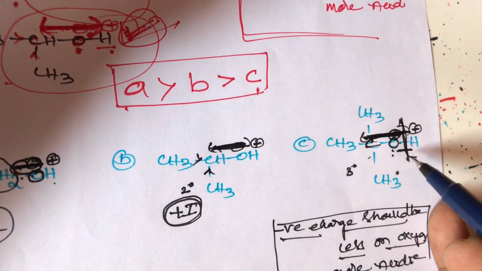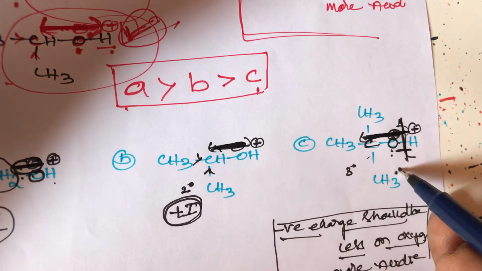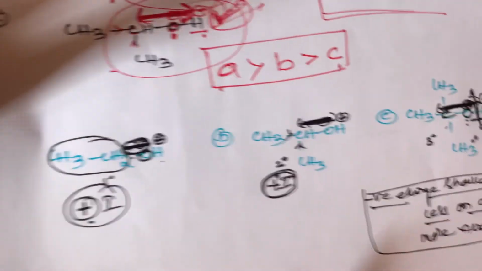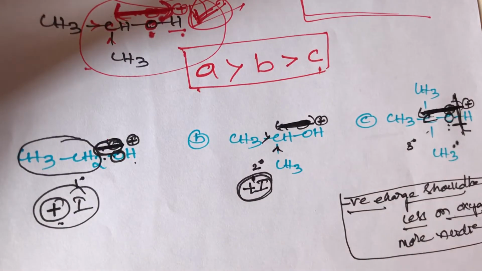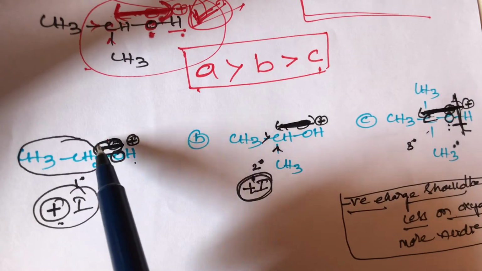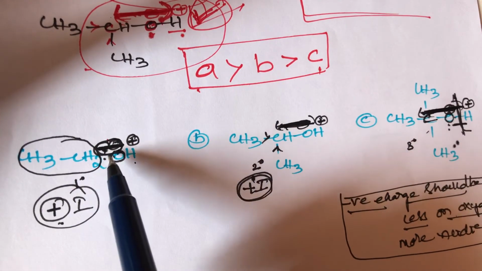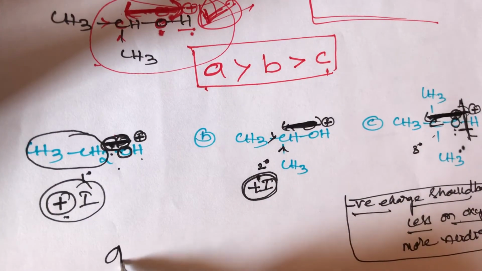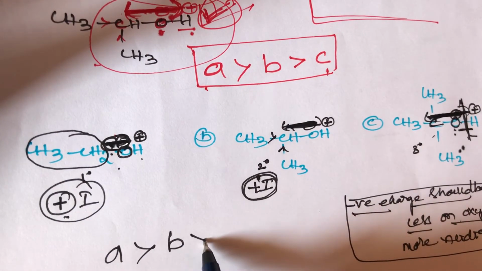That's why the C compound is less acidic than the B compound, and the B compound is less acidic than the A compound. Out of these three, which compound has less negative charge on oxygen? The A compound has less negative charge on oxygen. So A is more acidic than B, and B is more acidic than C.